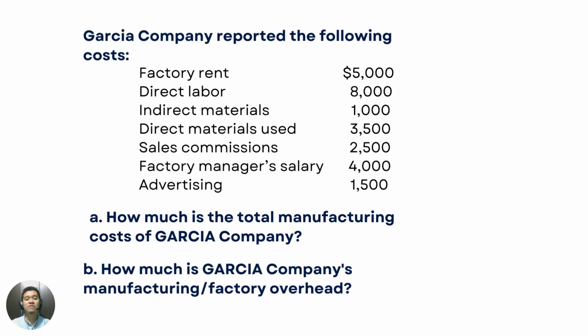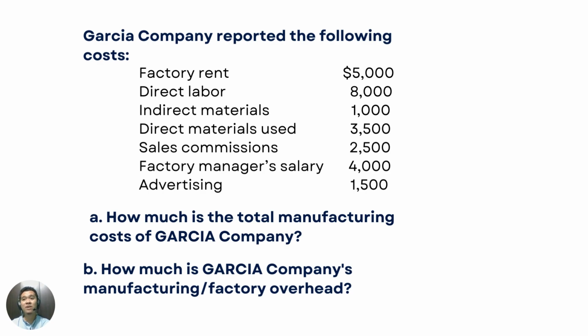So those are given. Factory rent, is it direct labor, materials or factory overhead? Of course, it is a factory overhead. Direct labor, of course, is included in manufacturing. Indirect materials, of course, included. Direct materials, of course, included. Sales commission. Why is sales commission not included? Because sales commission is not a manufacturing cost. It is a non-manufacturing cost.